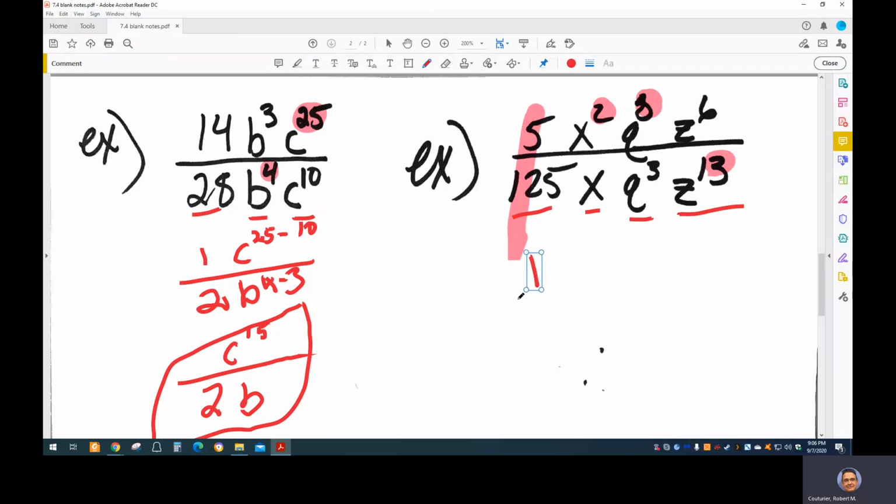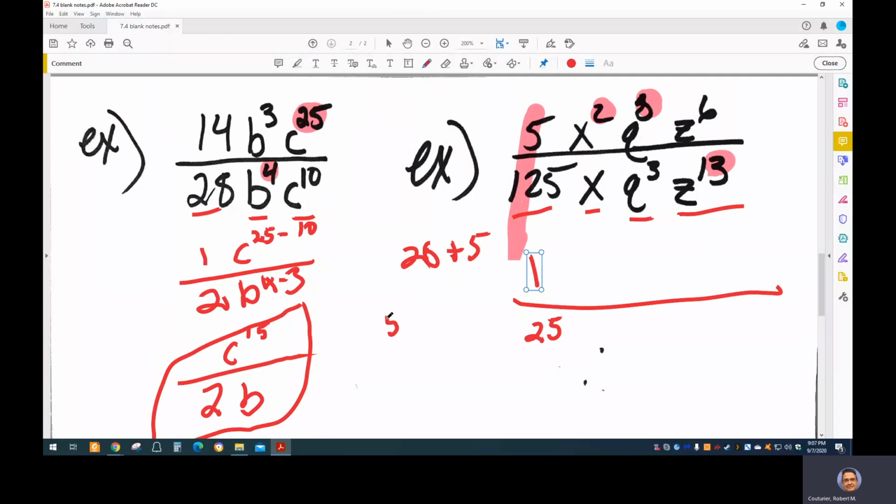All right. Now we have to figure out, well, how many times does 5 go into 125? We can break this up. I know that 5 goes into 100 20 times. And I know that 5 goes into 25 5 times. So 125 divided by 5, this is all mental math, is going to be 25.